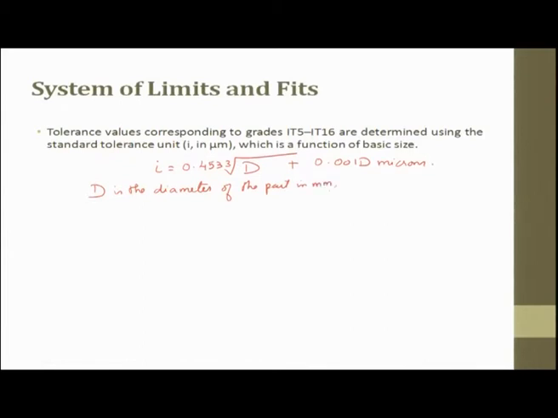The 0.001 D is a linear factor which counteracts the effect of measuring inaccuracies. So, the tolerance grade values for grades IT5 to IT16 can be determined by using this formula. So, you try to find out what the grade is.